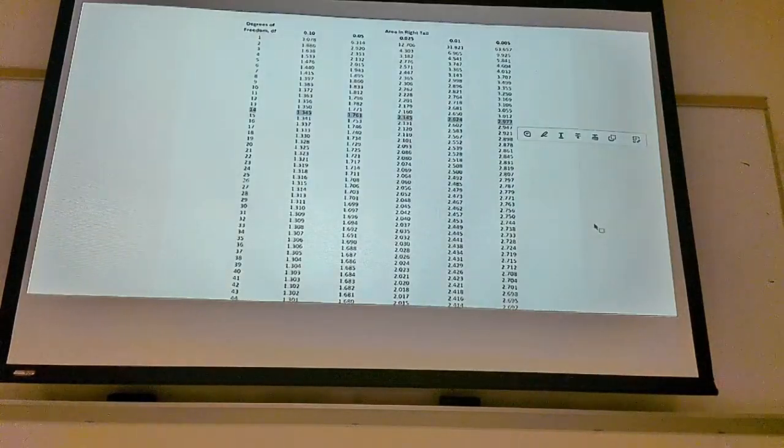Confidence levels are on the bottom. The first ones are 80, 90. So what is alpha? What do we say alpha was?